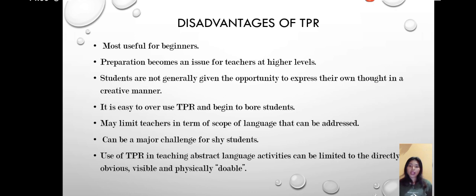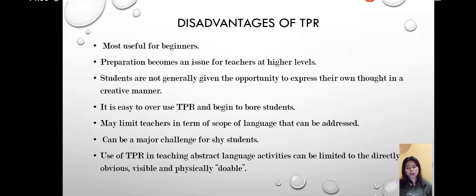Next, disadvantages of TPR. Most useful for beginners. Preparation becomes an issue for teachers at higher levels. Students are not generally given the opportunity to express their own thoughts in a creative manner.